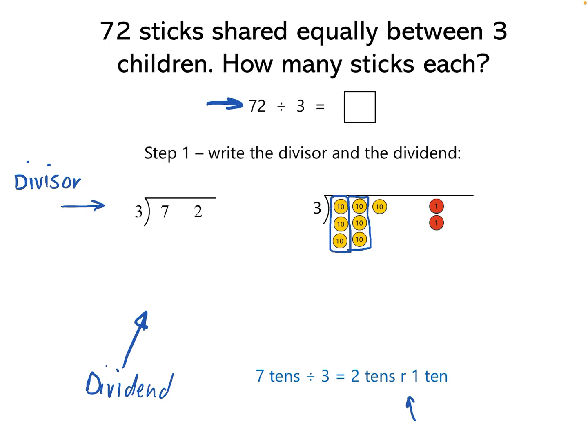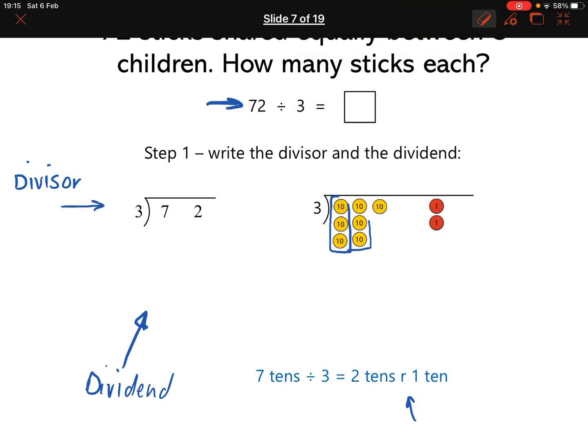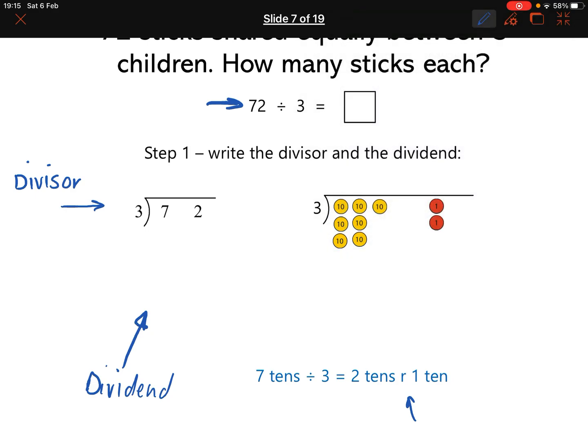That would go the other way. So if we think about what each person had, if I've got 3 people, this person has 2, this person has 2, this person has 2, and we've got 1 left over. There's 2 tens for each person and 1 left over.